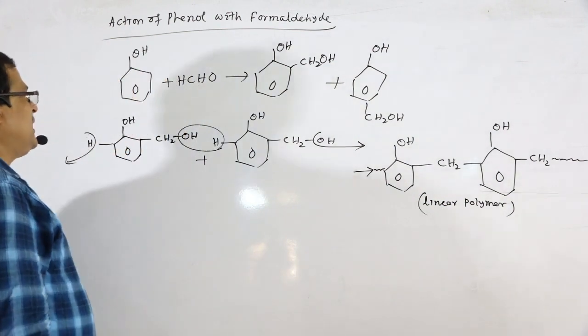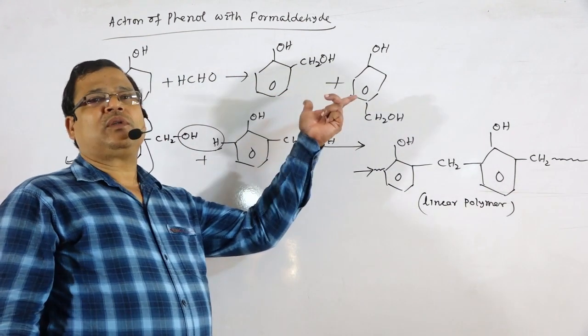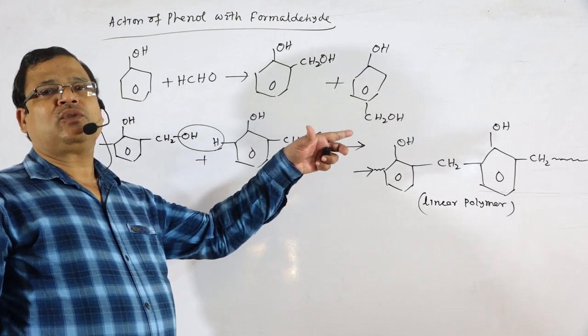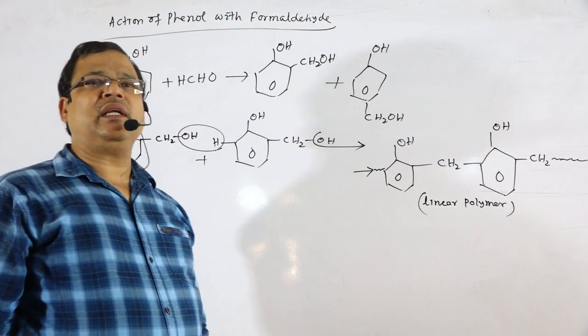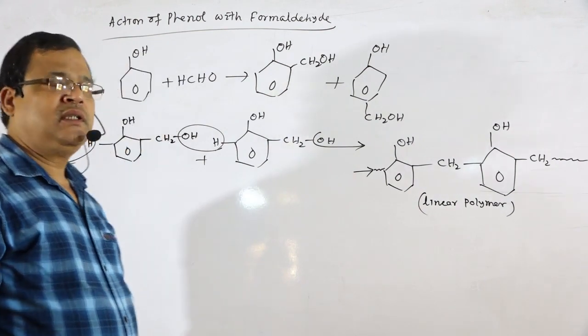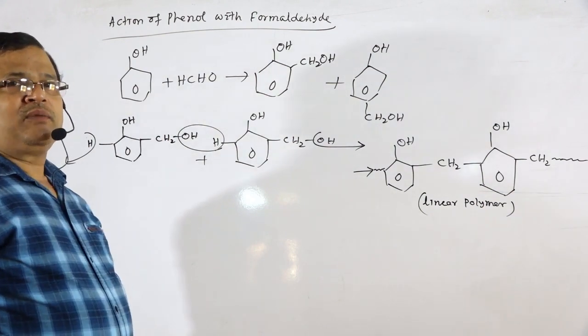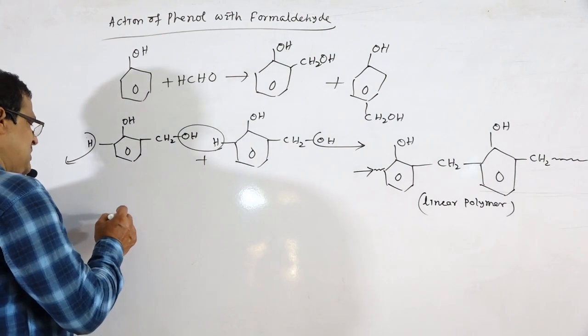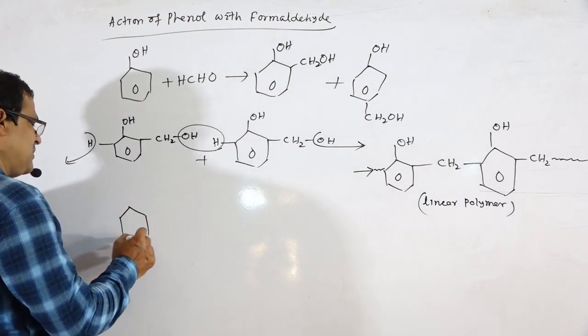Next we will see the reaction where the ortho and para products both get cross-linked. There is the formation of cross-linked polymers. How will these cross-linked polymers be obtained? We will see regarding the ortho product and para product.